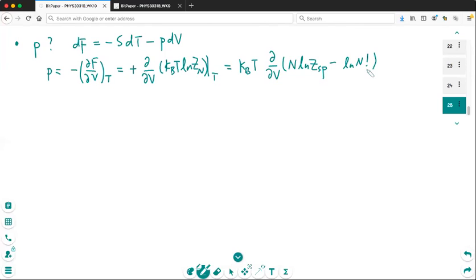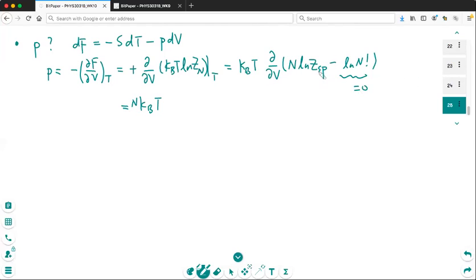As usual, this is not dependent on volume, so this will be 0 because you are differentiating with respect to volume. And just like in the previous exercise, this n can be pulled out.